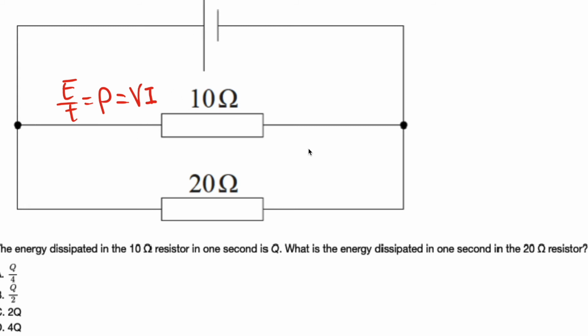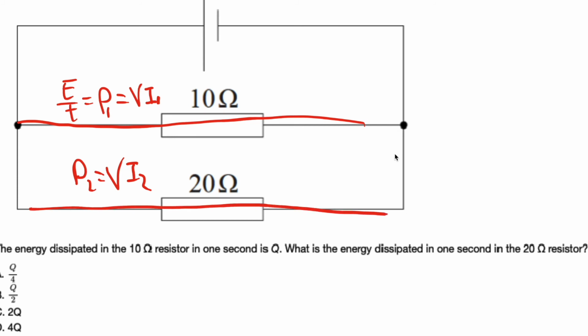So you know they're gonna have the same voltage. So let's call this P1. P2 is gonna be equal to V times I2, and because they have the same voltage, those two circuits have the same voltage, and so their current I2 over I1 is gonna be equal to R1 over R2.